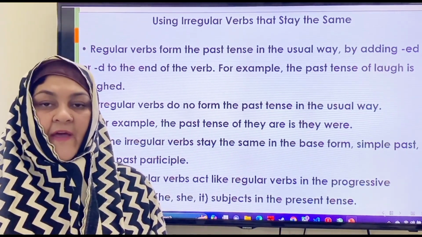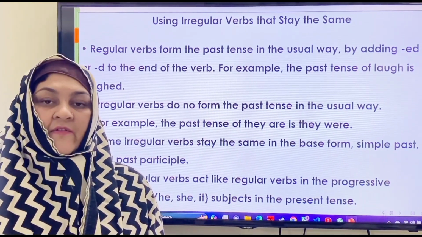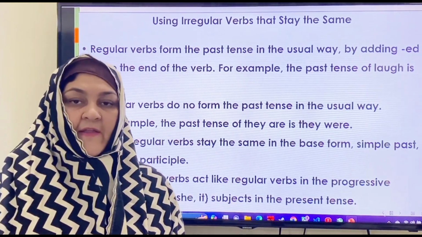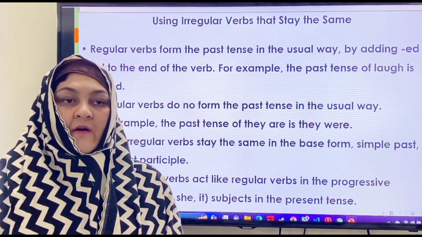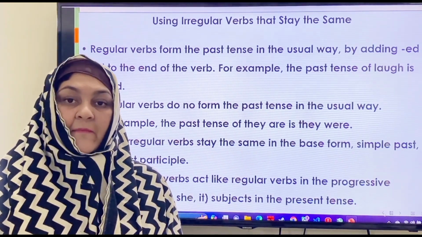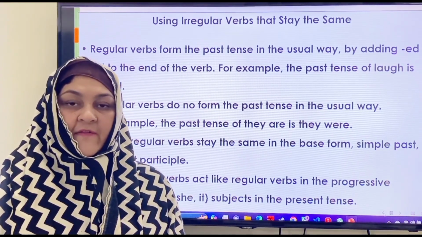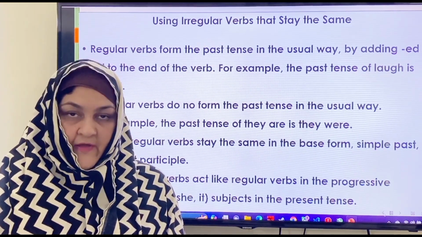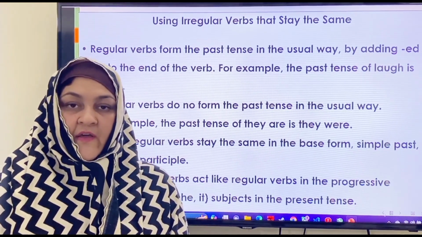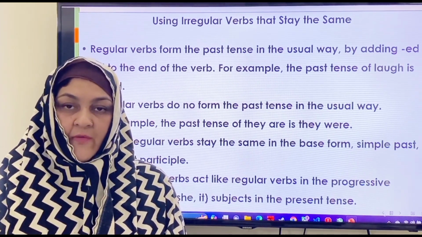However, sometimes we have changes in the spelling. These are totally changed, such as when we change the spelling of smell. Smell is the base form. We use it in the past, we can say smelt. And when we use it in the past participle form, we say again the same smelt. We do not usually use ed in the same manner as we do in the regular forms of verb.